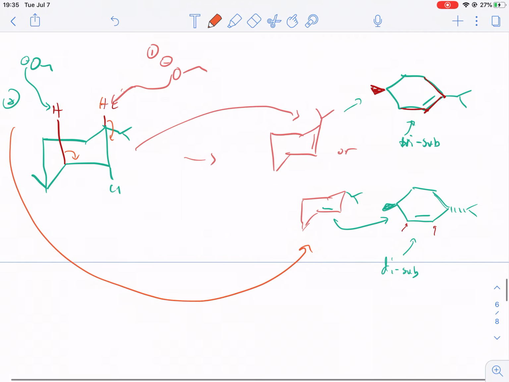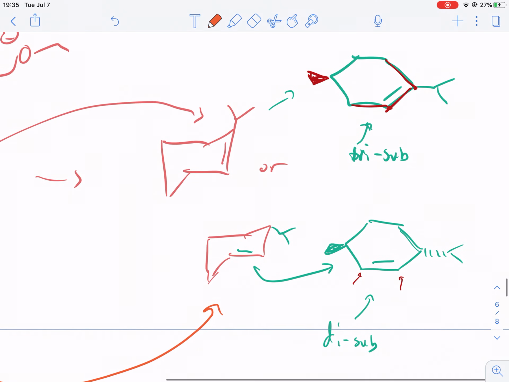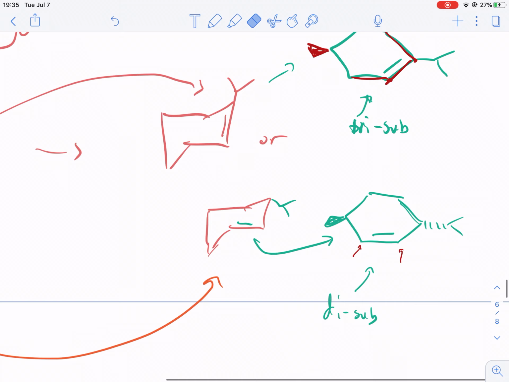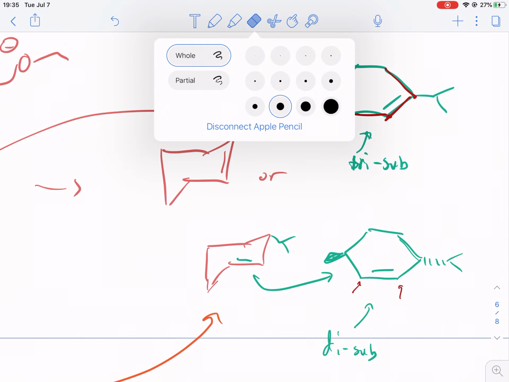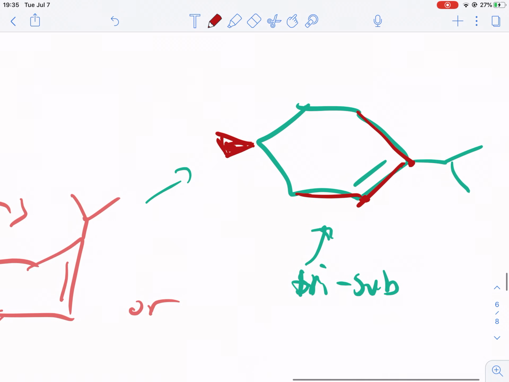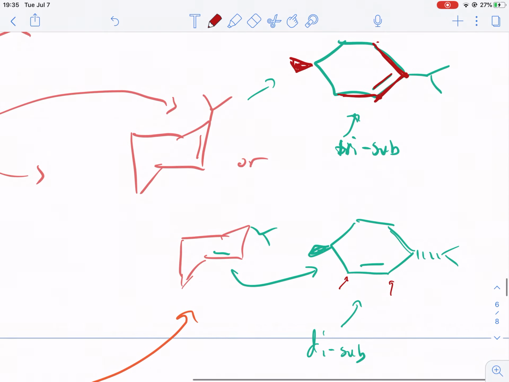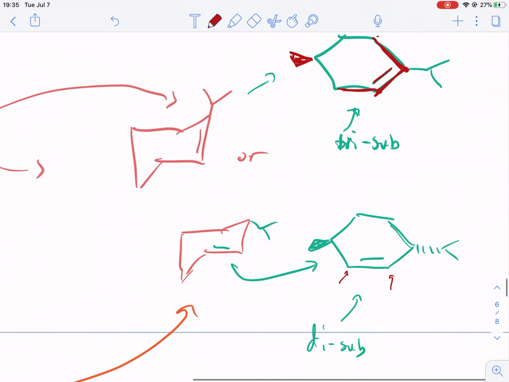So now we move over here to our products. Okay, so we have two options. We have a product that is tri-substituted, right? As in, this double bond is connected to 3 carbons, right?